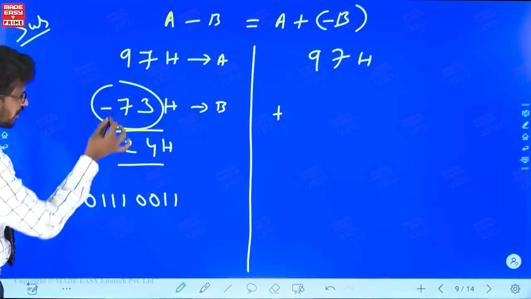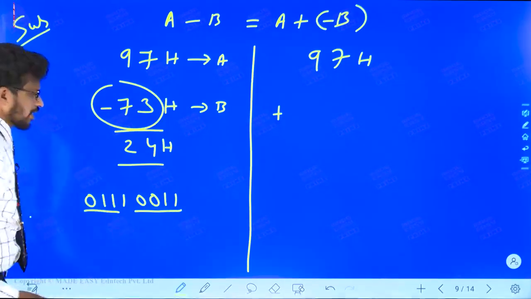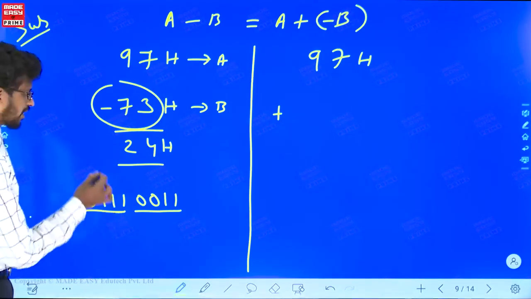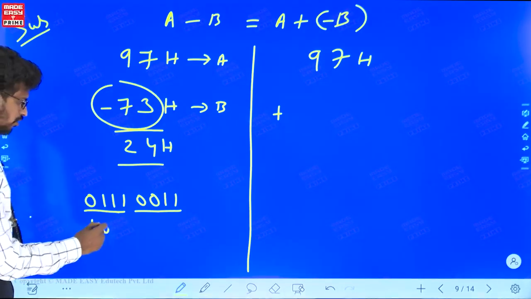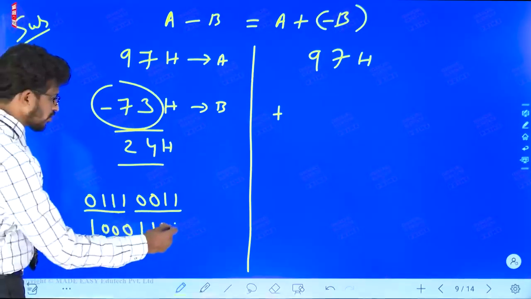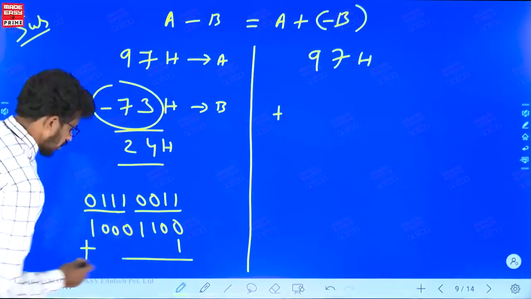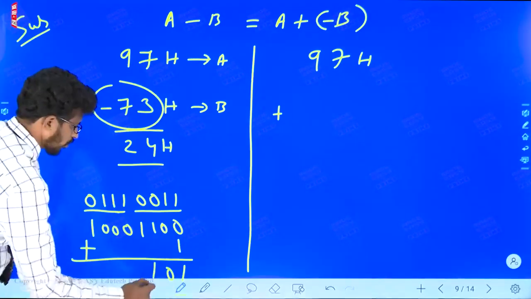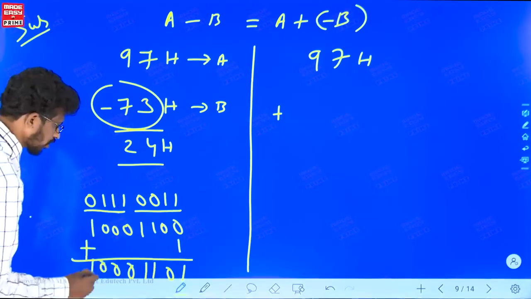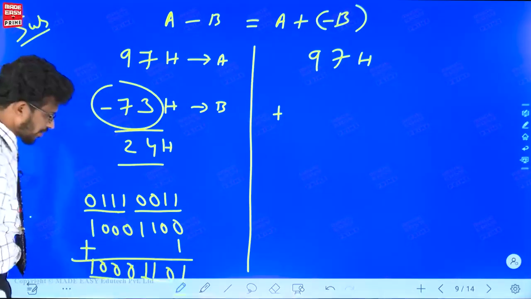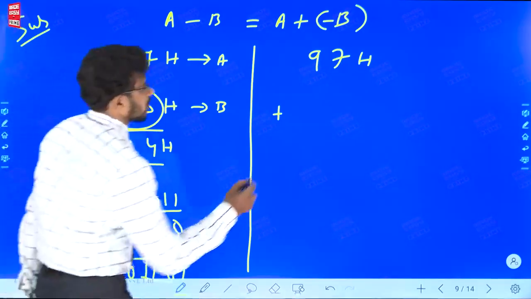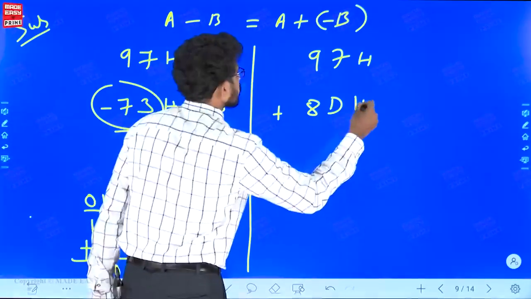This is 73H. Minus value, take the 2's complement. So first the 1's complement is 1, 0, 0, 0, 1, 1, 0, 0, plus 1. How much do you get? 1, 0, 0, 0, 1, 1, 0, 1. So what is this quantity? This is 8DH.